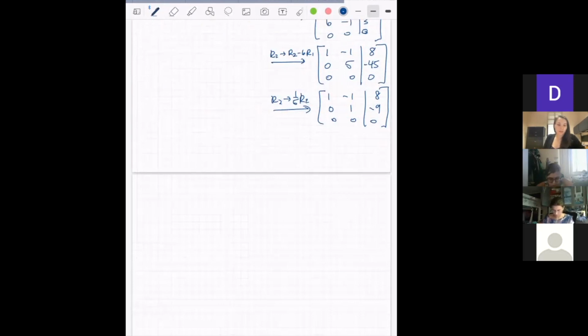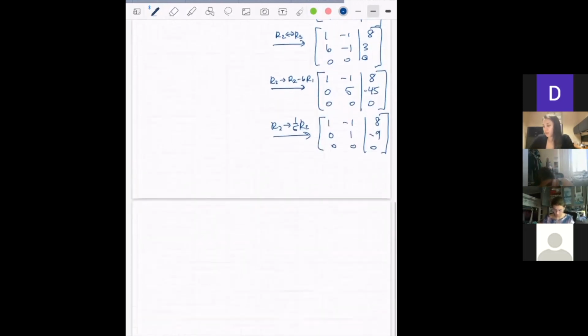Okay. So that is our row echelon form, right? It's not quite reduced because we have this -1 above our pivot, but we can tell that we have a consistent system already, right? So this is consistent because we have a row of all zeros at the bottom, and then the others correspond to pivots, right?